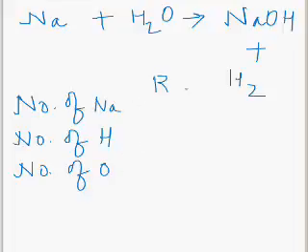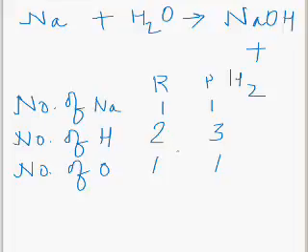Sodium is 1 on reactant side and 1 on product side, so it is balanced. How many hydrogen atoms on reactant side? 2, and on product side it is 3. Number of oxygen atoms on reactant side is 1, and on the product side it is also 1. So only the number of hydrogen atoms is unequal.